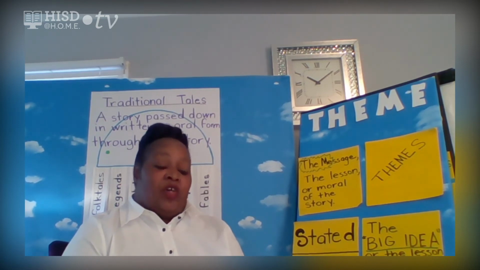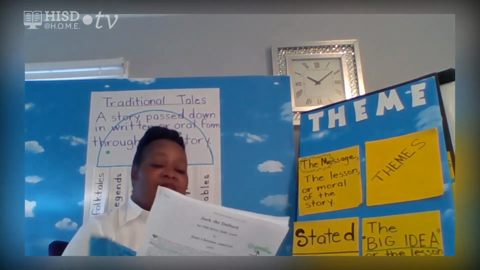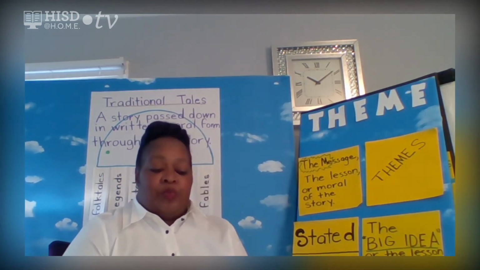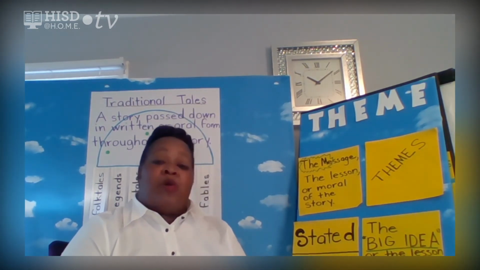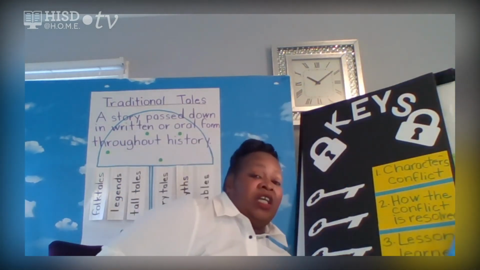Wasn't that a lovely story? We can learn many lessons from it. So let's go back to our thinking job in terms of theme. I would like to share with you the keys.